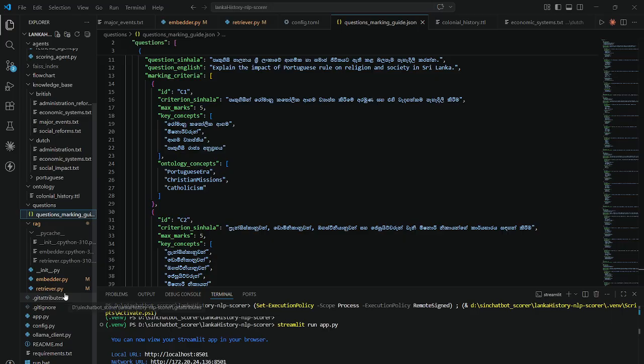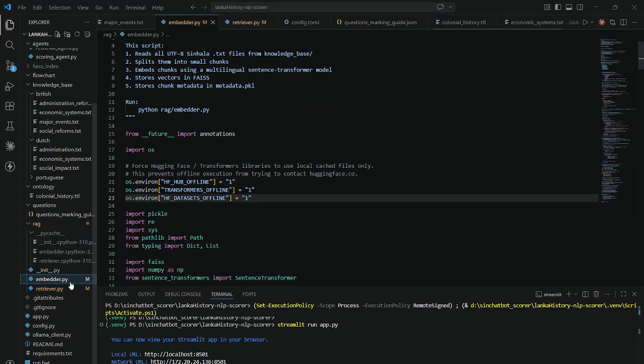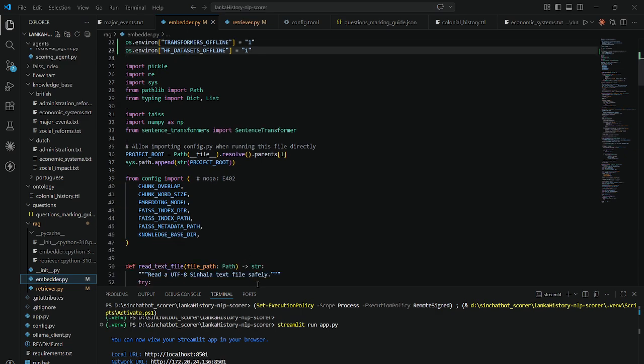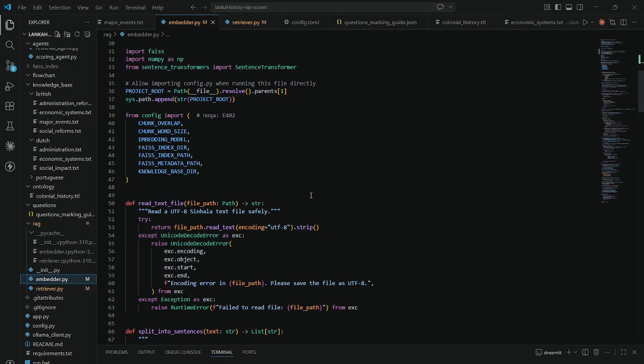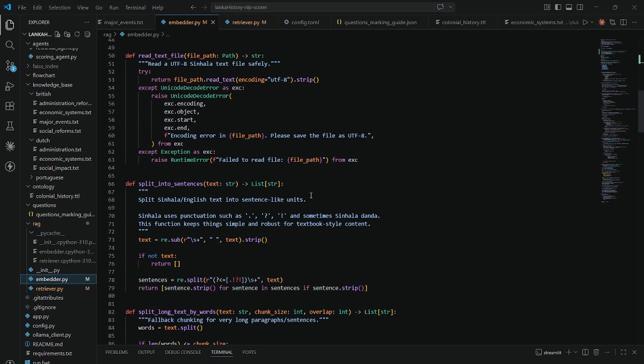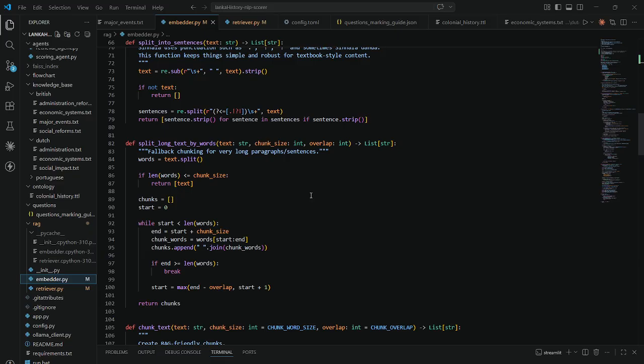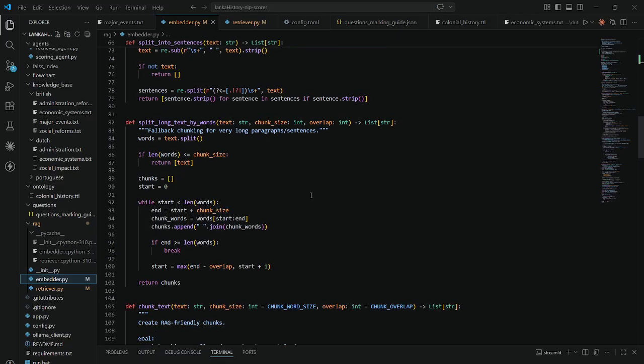Moving on to the RAG implementation. The RAG pipeline grounds scoring in local historical evidence. First, the embedder reads the Sinhala knowledge base, splits it into chunks, creates embeddings using the multilingual MiniLM sentence transformer model, and stores the vectors in a FAISS index.